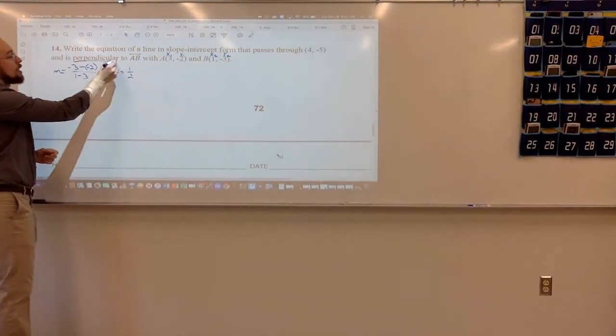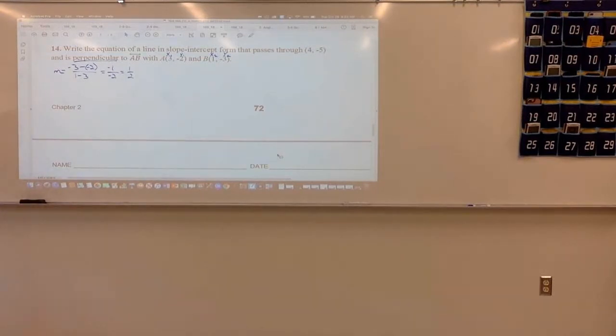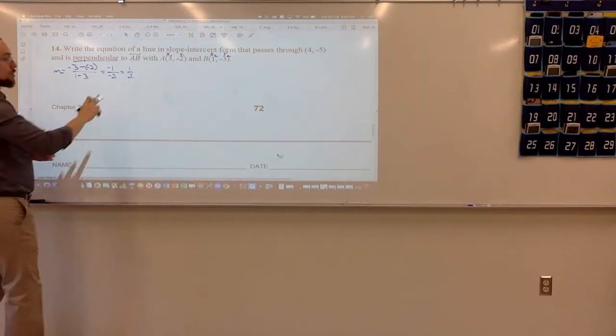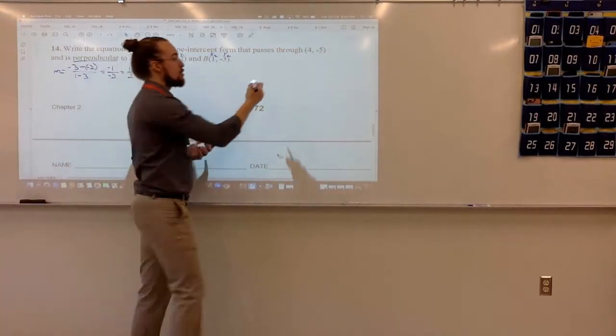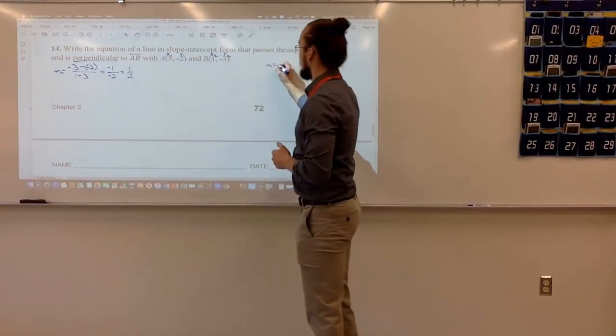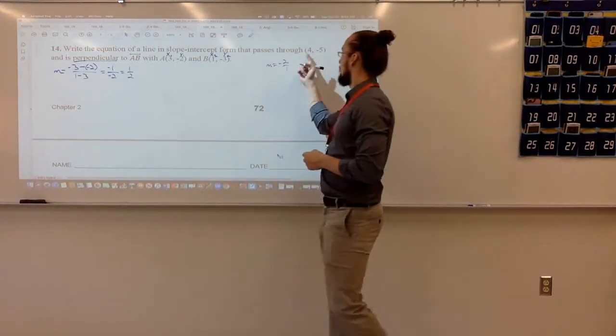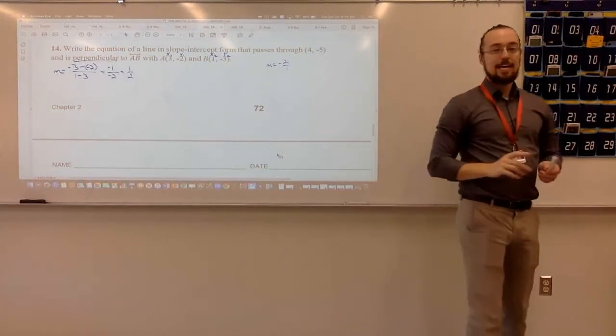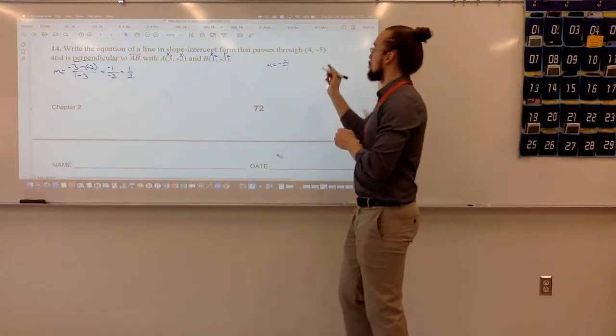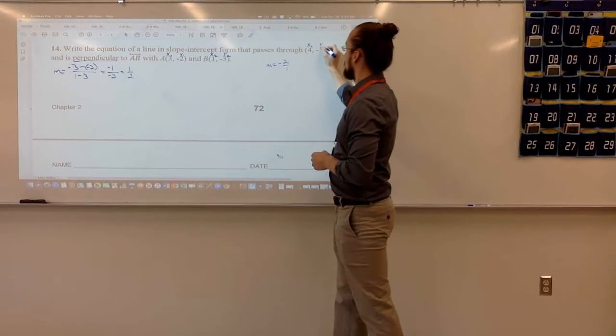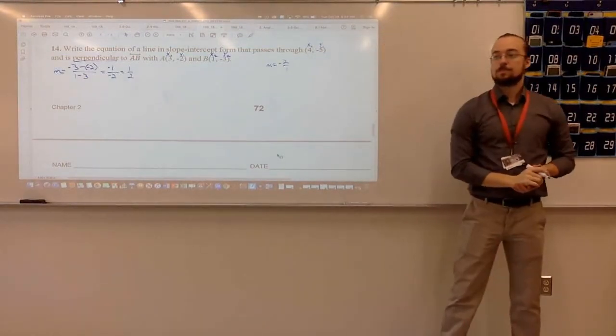I want my new line to be perpendicular. So what's my new slope going to be? Negative 2 over 1. So this is my old slope, and my new slope is going to be negative 2 over 1. And I want my new line to go through this point right here. So this will be my x1, y1.